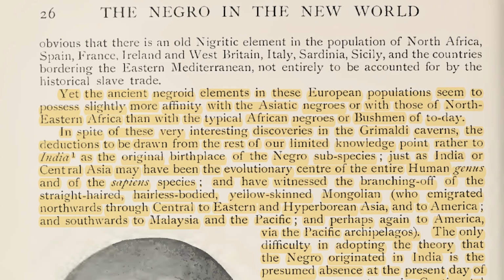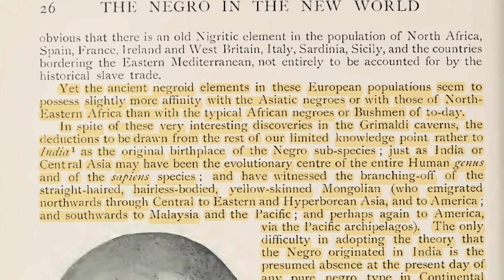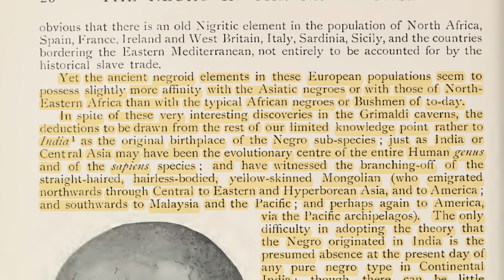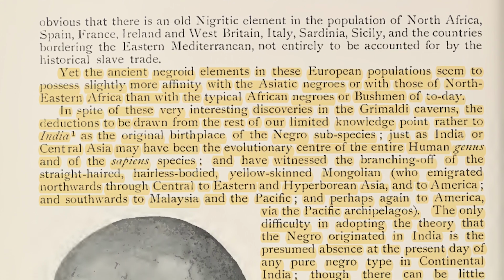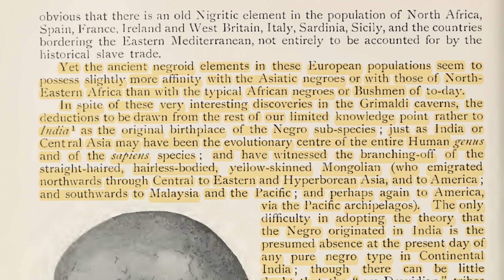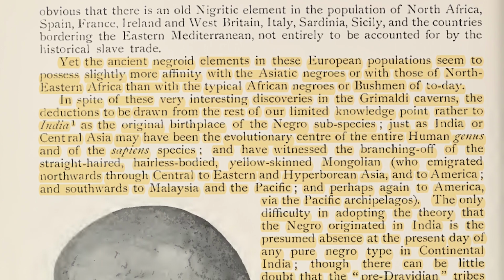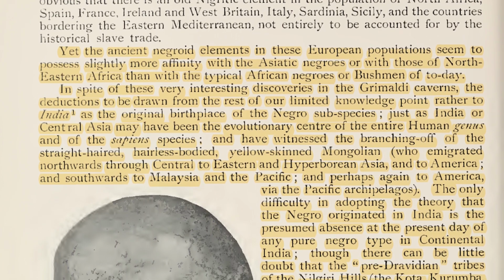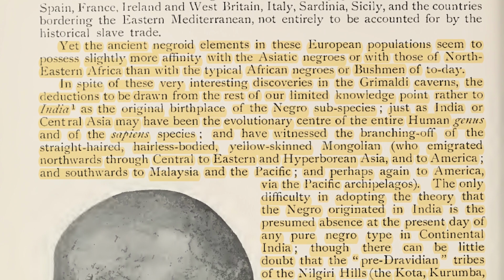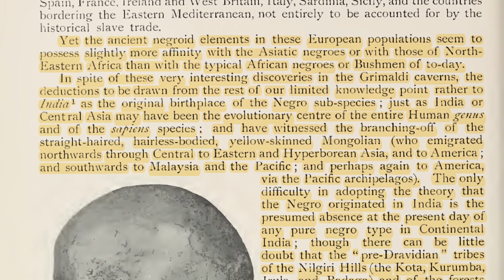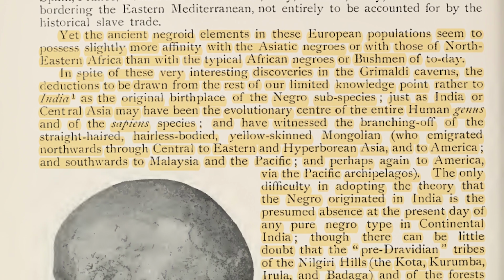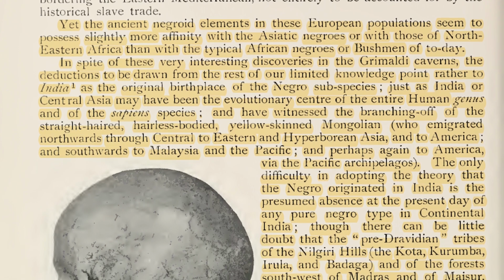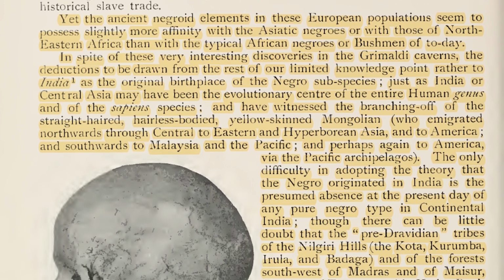Page 26 says, yet the ancient Negroid elements in these European populations seem to possess slightly more affinity with the Asiatic Negroes or with those of northeastern Africa than with the typical African Negroes or Bushmen of today. Keep that point in mind right here, and it talks about the Asiatic Negroes.